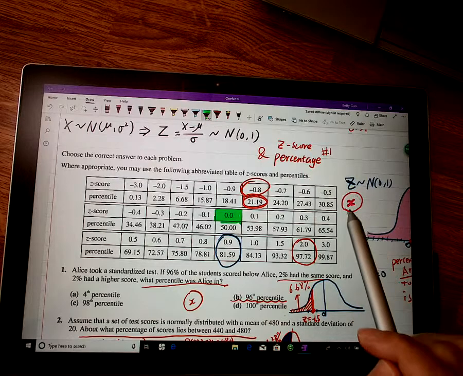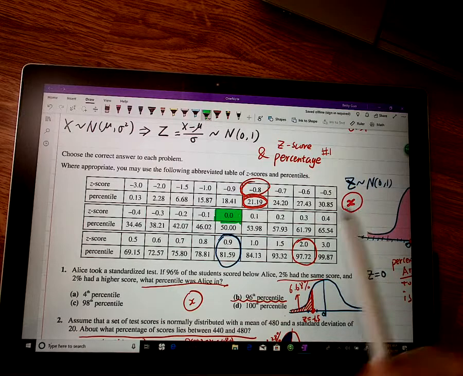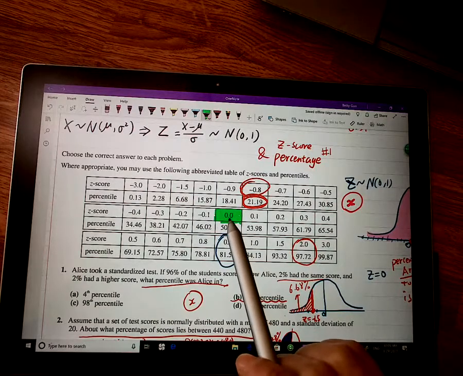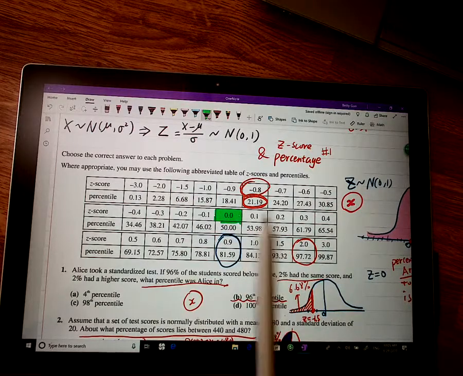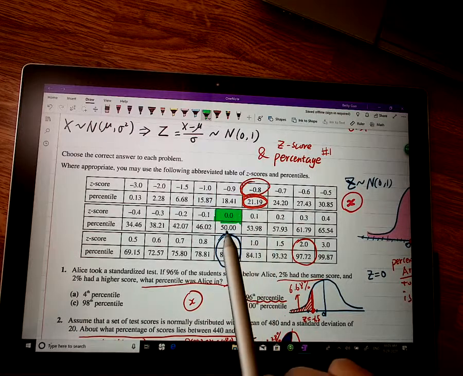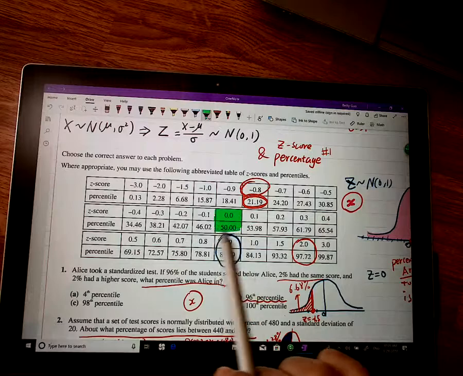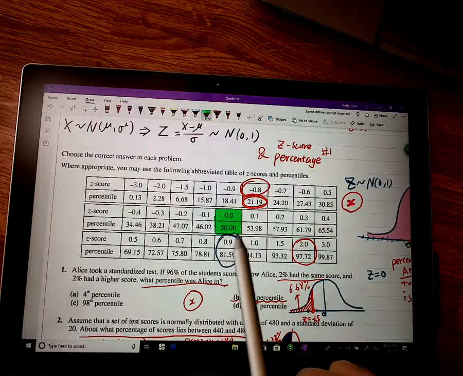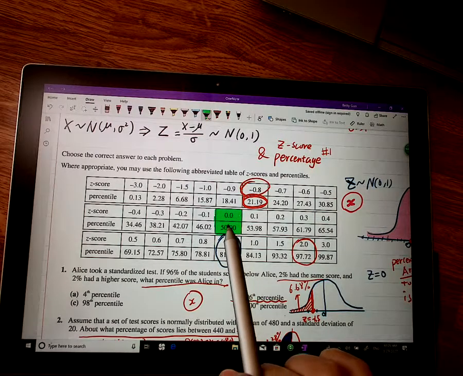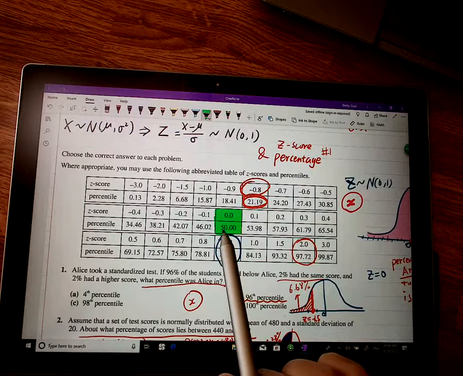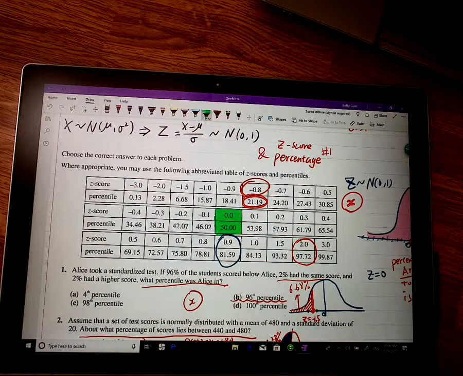Suppose the value that you concern is x, and the z-score of your value is 0. That means your value is right in the middle in a normal distribution. Does that make sense? Of course, then the percentile would be 50%. Half of the values in the population are below your value, another half above your value. So the percentile is 50%.